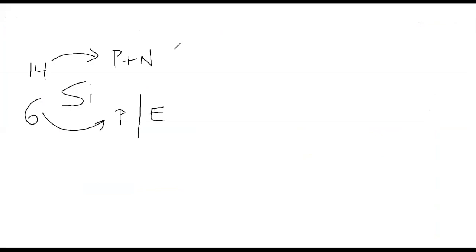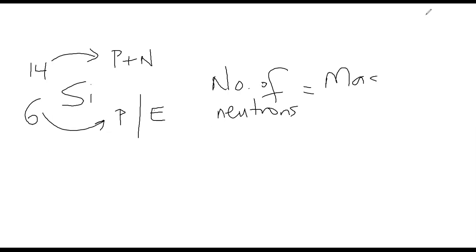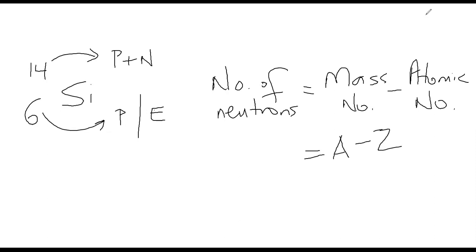If you want to find the number of neutrons, you can use your mass number minus your atomic number, the top minus the bottom. To find the number of neutrons, we say it is A minus Z. That's how we know it.